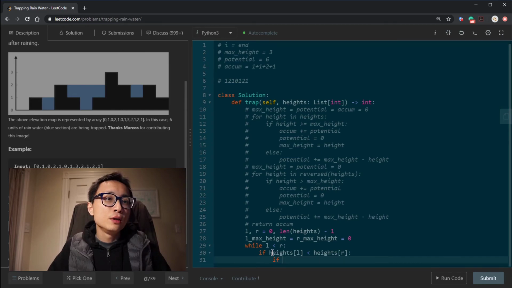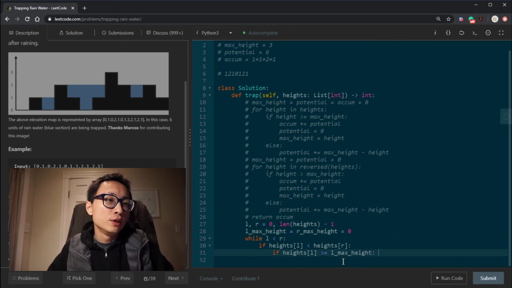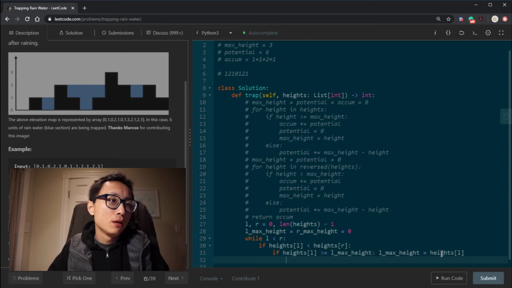So we compare the current one with the left maximum height. If it's greater than or equal to the left maximum, we basically just update the left maximum. Otherwise, we can put some units of water onto the accumulator.